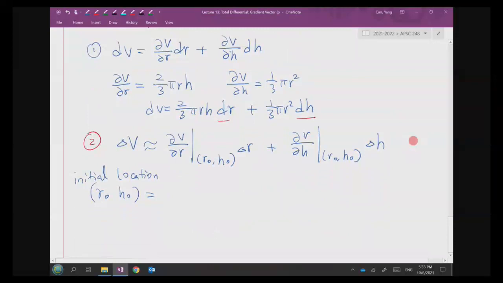You could convert everything into meter or everything into centimeter. I think either way is fine. Let's use centimeter, it's a little bit better. So that's 10 centimeter, and then h is 100. Use centimeter here.